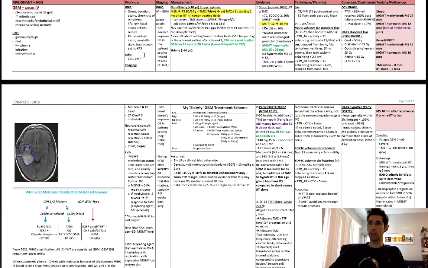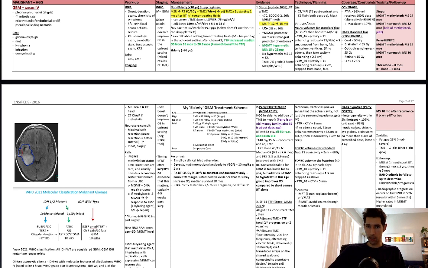Labs, you should get a CBC and a CMP. Imaging, you want an MRI brain and a CT head. CT chest, abdomen, pelvis, if there's suggestion of metastatic disease. In terms of neurosurgery consult, maximal safe resection is the goal. Obviously, more resection equals better survival.